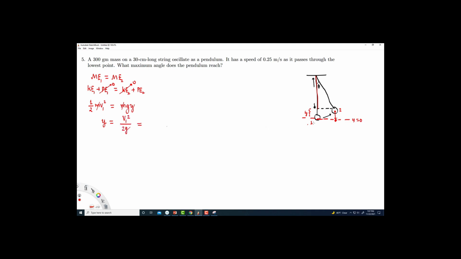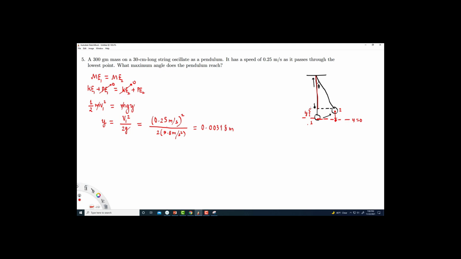So v1 at point 1 is given, so that's 0.25 meters per second over 2 times g, which is 9.8 meters per second squared. So let's find that. So that gives me 0.00318 meters.